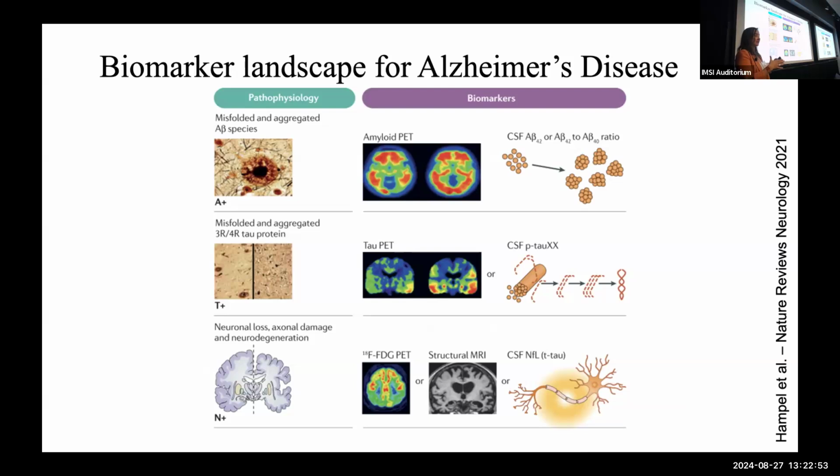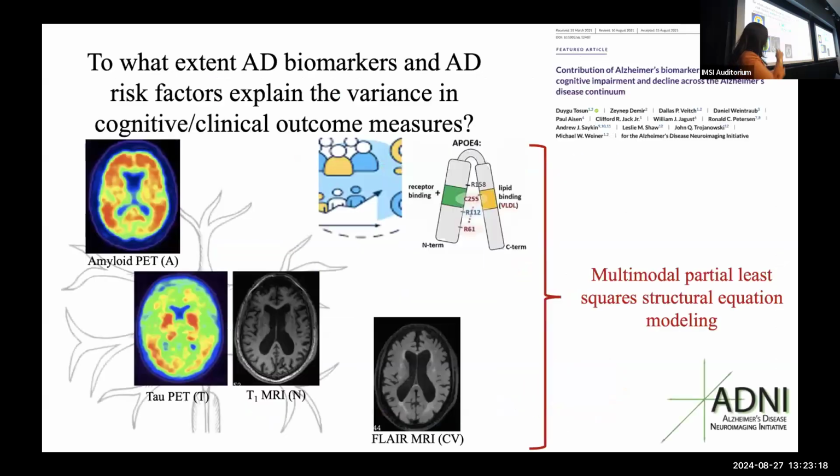They need to have that to be in the AD spectrum. We also have tau biomarkers for the tau pathology, which could be based on tau PET imaging or some of the fluid biomarkers we currently have. Then we get into the biomarkers of neurodegeneration, which are more related to symptoms, cognitive decline and clinical symptoms. So it's this ATN framework we keep talking about in the Alzheimer's domain.